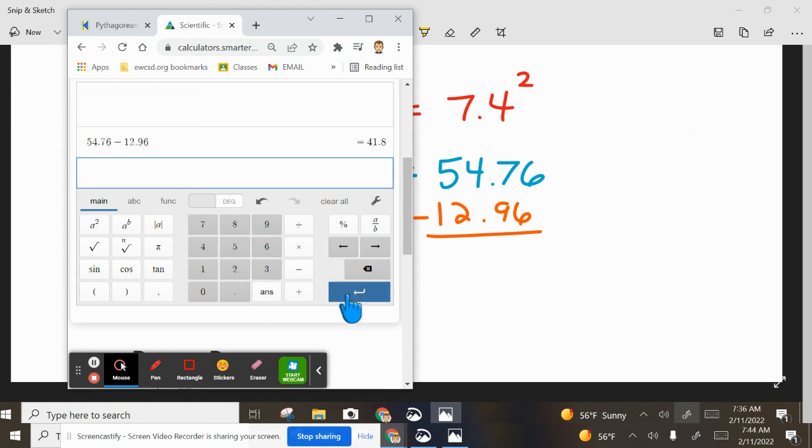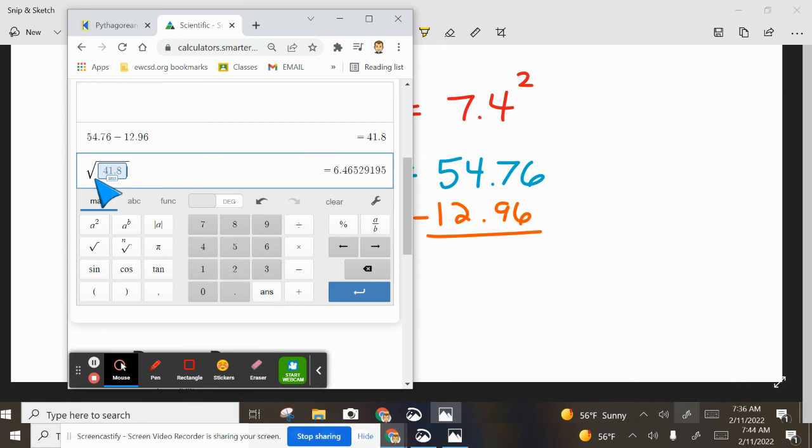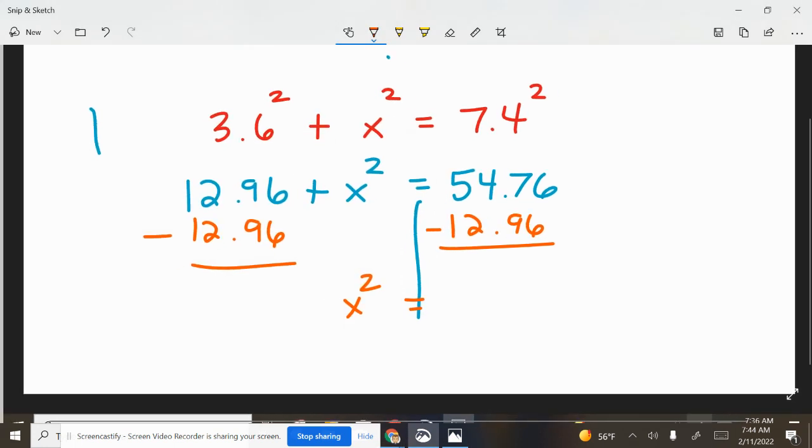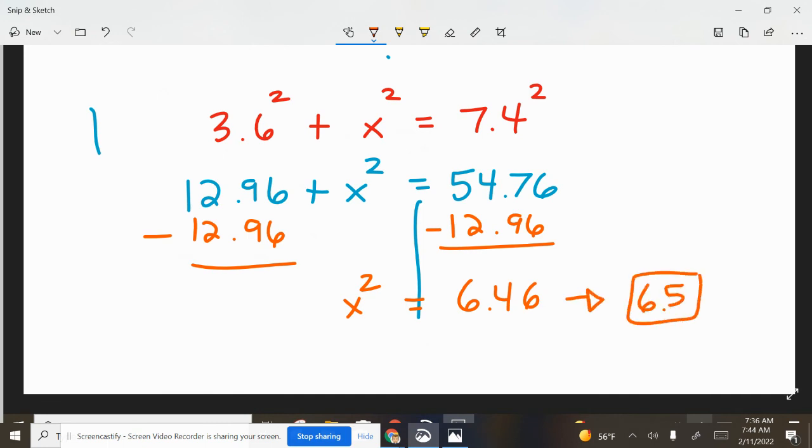I get 41.8. I think we did this one yesterday. Now I can hit square root, and I can even hit just the answer button. I don't have to type this out again. Square root of 41.8 equals 6.46, which actually turns into 6.5. We're rounding everything to the 10th today. Everything to the 10th. Okay? Hopefully you got that right. Write that down. Next problem.